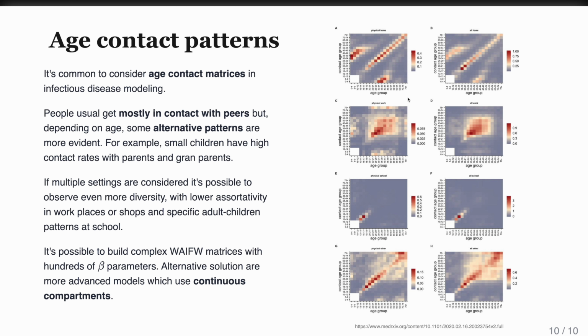You can see here in this picture taken from a paper from the literature that it's expected to have a high level of assortativity. That is, people tend to spend time mostly with people of the same age. But we also have some clusters of contacts, even between different ages.